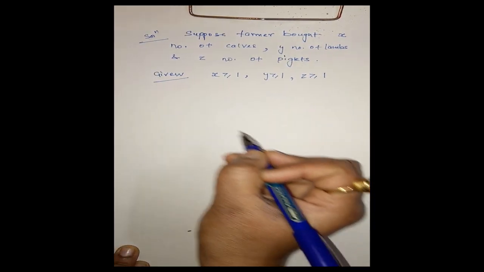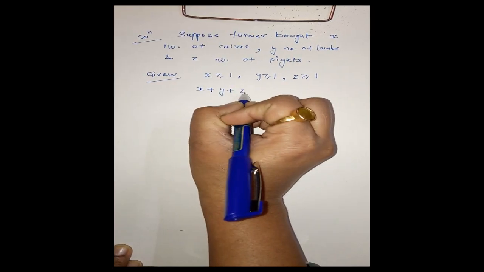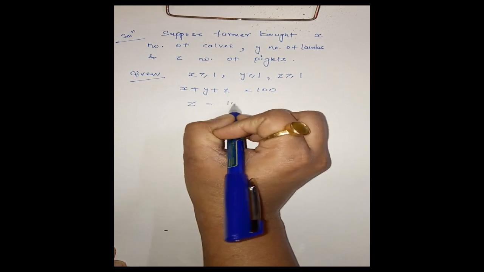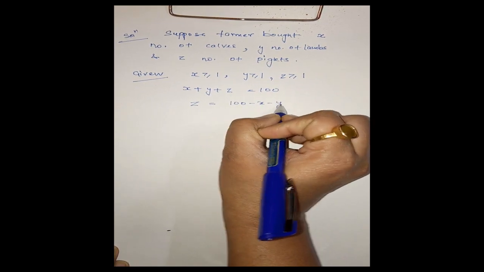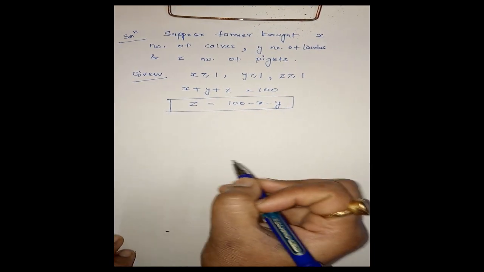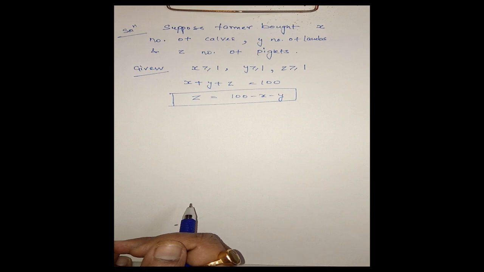Second, the total number of animals he bought is 100. That means X plus Y plus Z is 100. Okay, or I can write Z as 100 minus X minus Y. Now, the price. The total price he spent is $4,000.